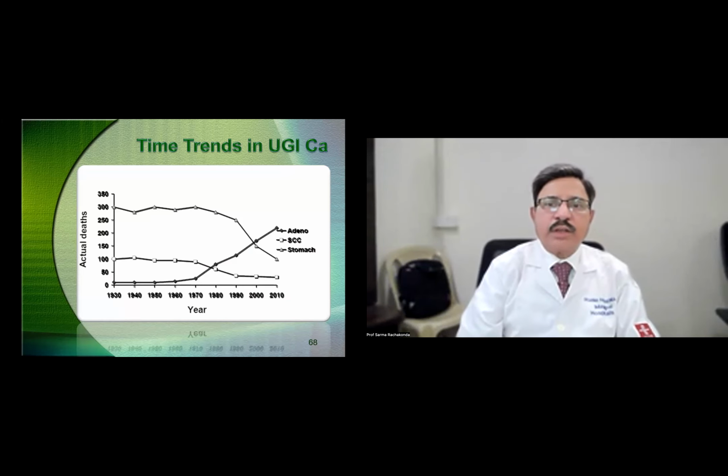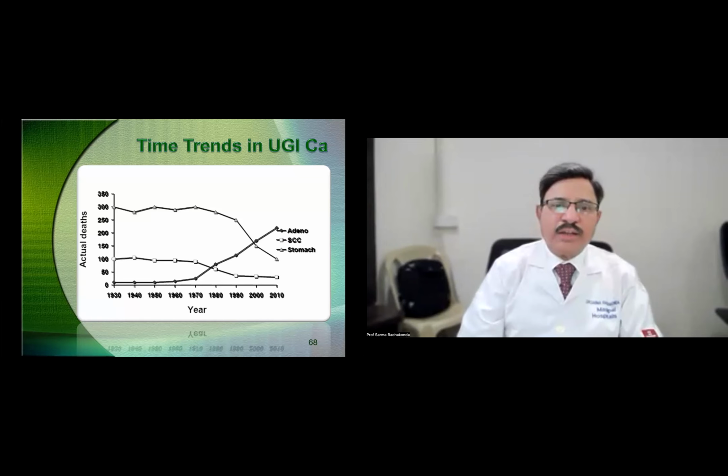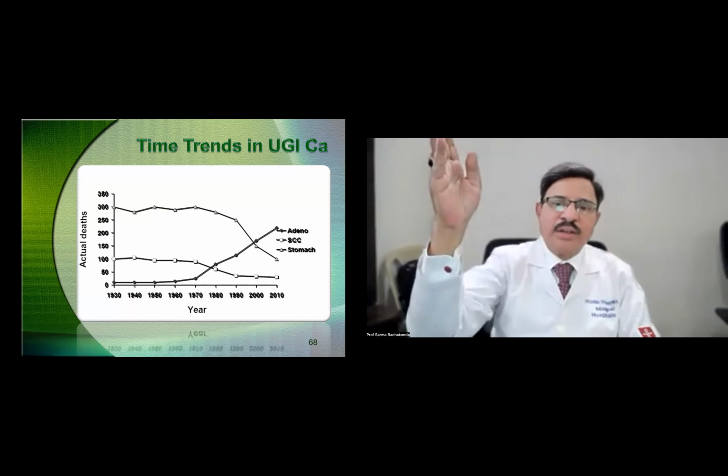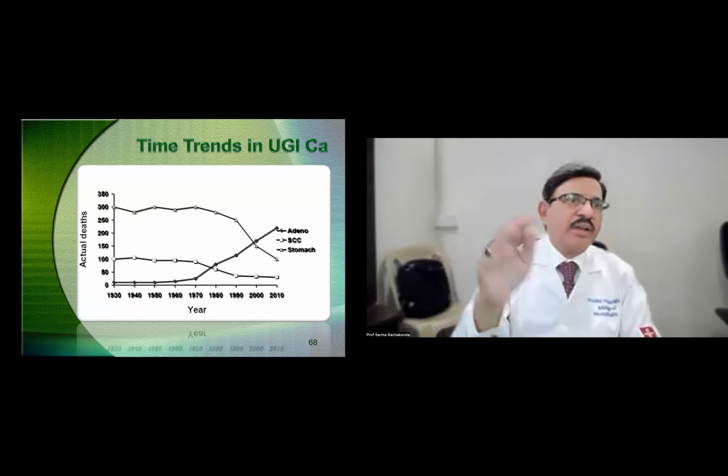What is happening? You see, the x-axis is 1930 to 2010. You can see the lower line. The lower line is adenocarcinoma. Until 1970, adenocarcinoma was very low. Now, adenocarcinoma is increasing, and it is the most important cancer in the upper GI tract.